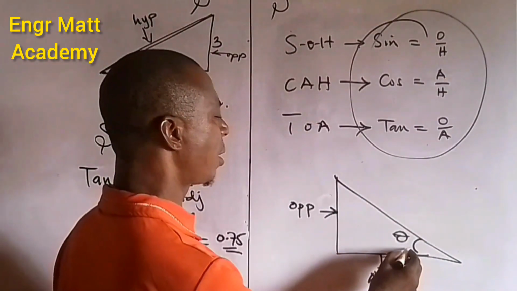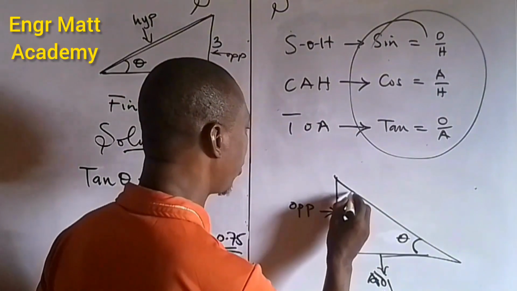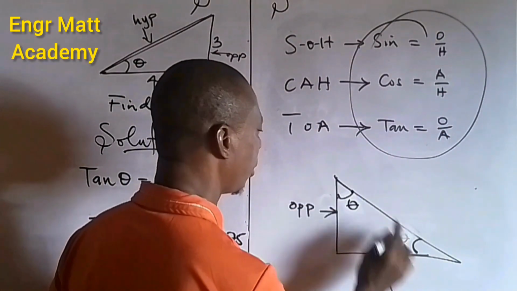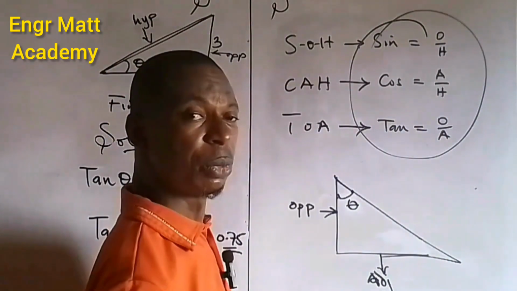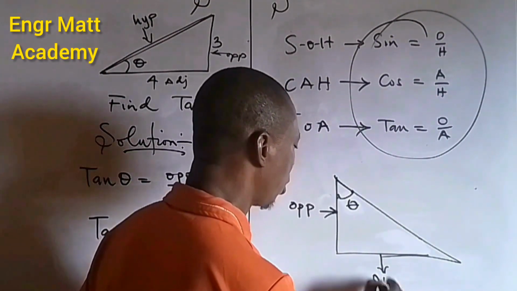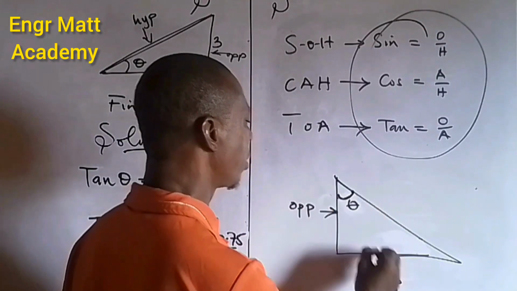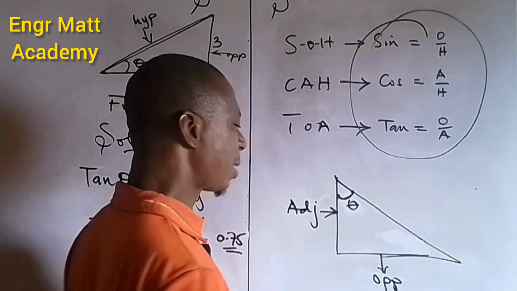The opposite is the side facing the angle theta. But if this angle becomes theta and we don't have theta here, what happens? This side becomes the opposite because the angle here is now facing this side. Then this other side becomes adjacent.